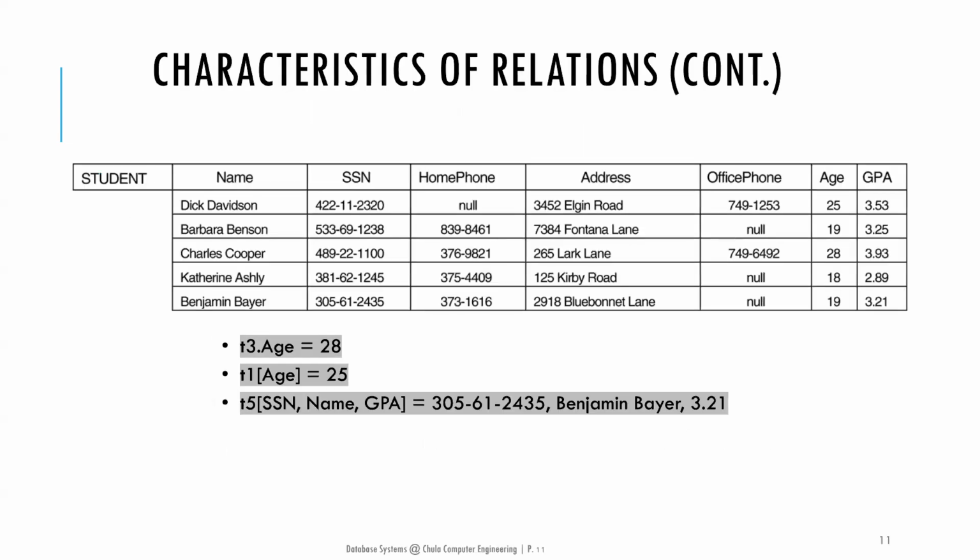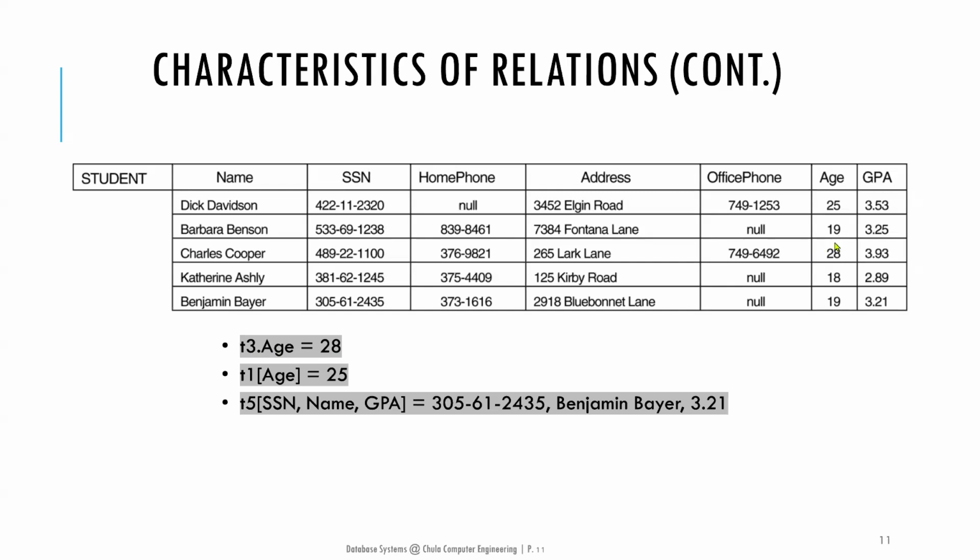Here is another example. I can say either way. I can say t3 dot H, this is dot notation, or I can use the bracket t3 bracket H. It means the same thing: I'm looking for tuple number 3 with the attribute called H, and then you can retrieve the value from that particular cell. So t3 here is tuple number 3, which is Charles Cooper, and age is 28.